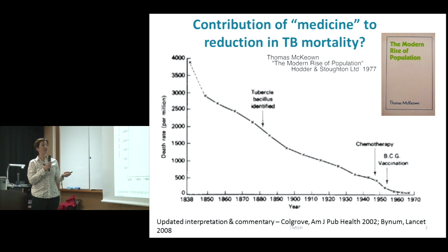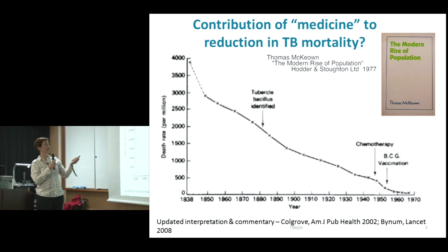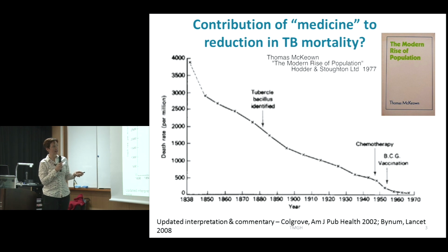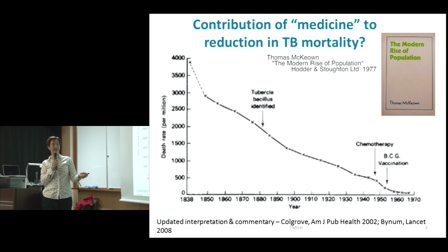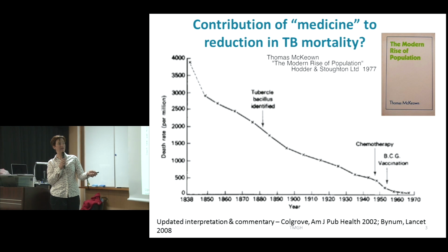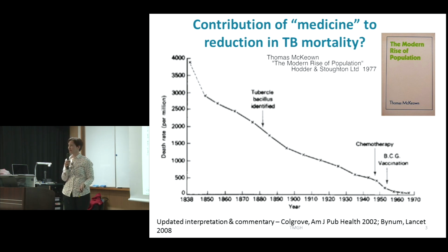Before we even knew what caused TB, mortality is massively declining. And it continues to steeply decline before there is any kind of drug therapy for TB. So this is when streptomycin was first discovered and used for TB, and this is BCG. So all of this was pretty much nothing to do with medicine.